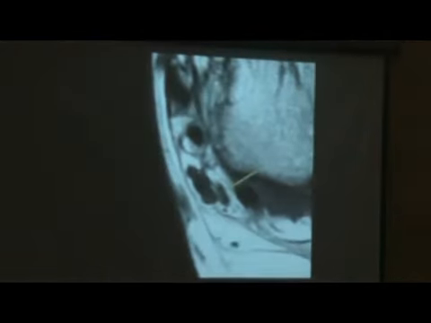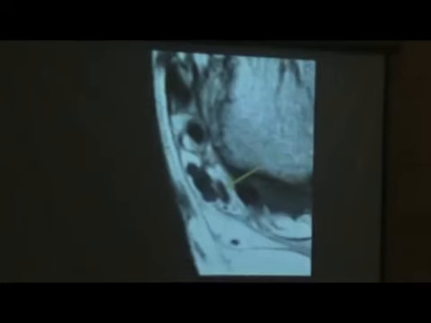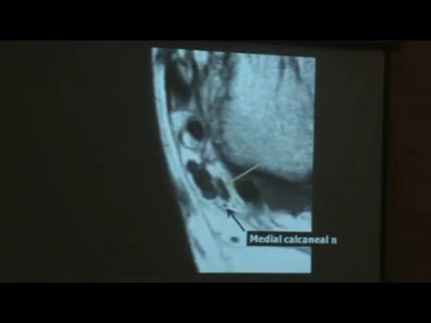We still see the tibial nerve here, pointed by the yellow arrow. I'm just going to zoom a little bit so you can see it better. So here is the tibial nerve, almost dividing into its main branches. But already we can see this very small dot posteriorly, which is the first branch of the posterior tibial nerve, called the medial calcaneal nerve. And okay, so you can see it there.